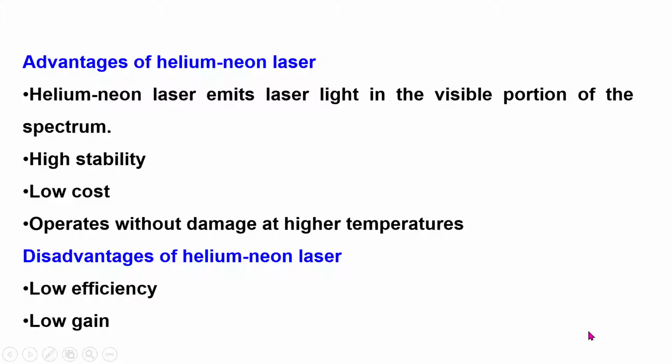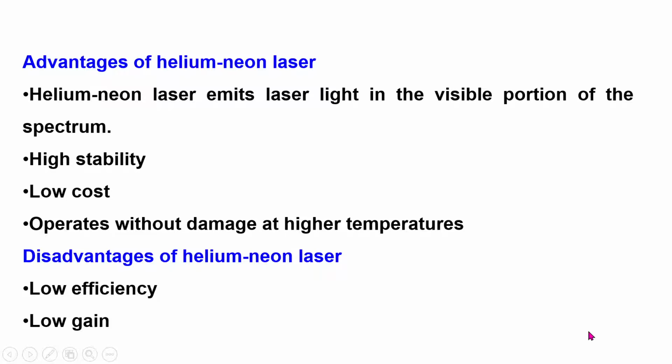Now we are going to see the advantages of the helium neon laser. The helium neon laser emits the laser light in the visible portion of the spectrum. That means we have seen that during the different transitions of the helium neon laser, we observe the red light, the orange light, and the IR radiations also.